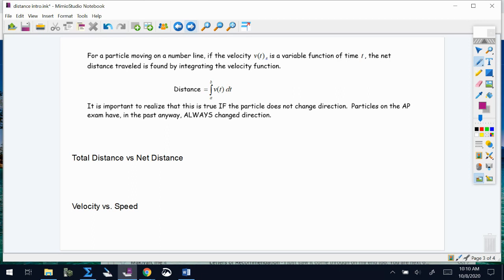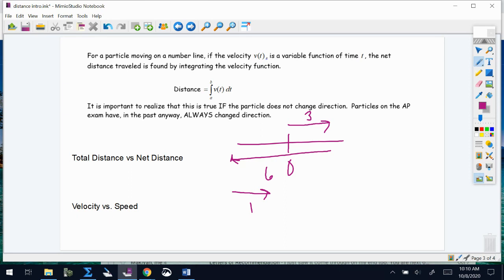It's basically displacement in a physics class. So, for example, let's say I start at the origin. So I'm starting at my number line. I start at 0. If I walk 3 units to the right, and then I walk 6 units to the left, and then I turn around and walk 1 unit to the right, my net distance traveled, well, I went 3 right, 6 left, 1 right.